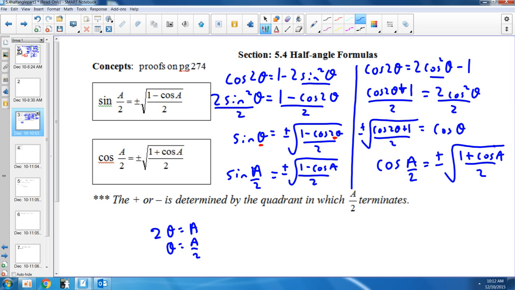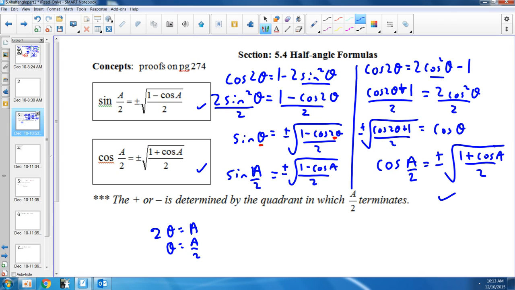I think maybe it's easier to see that if you substitute A over 2 in for theta, your 2's are going to cancel, and you're just left with A. So that identity is this one. So we proved both identities in this first one.